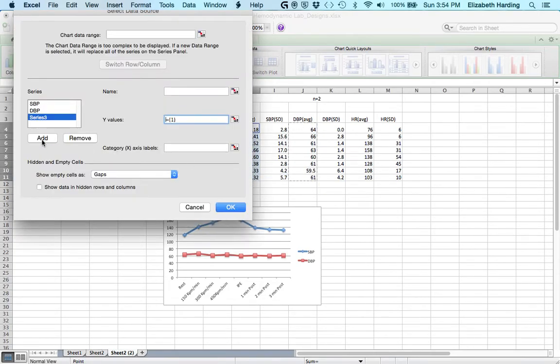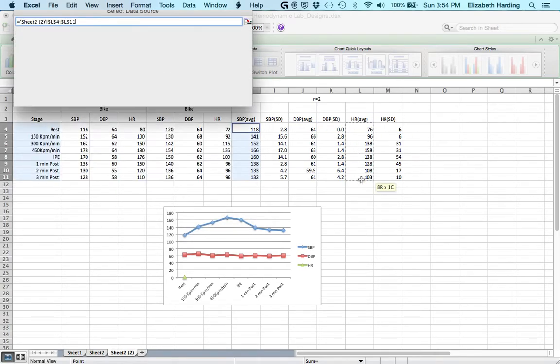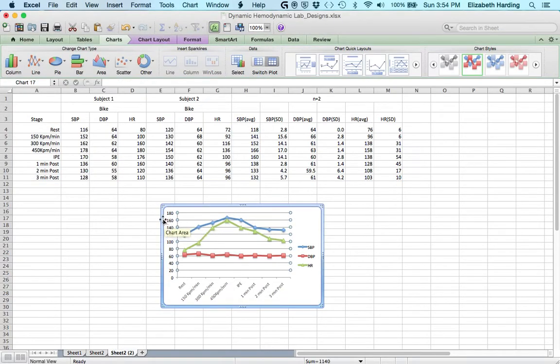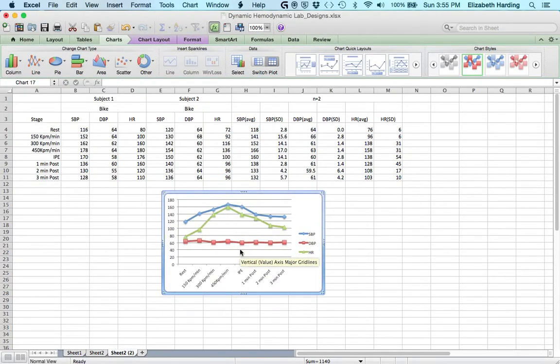Good. And then we're going to add the mean heart rate data as well. And now we have 3 graphs on the same chart.